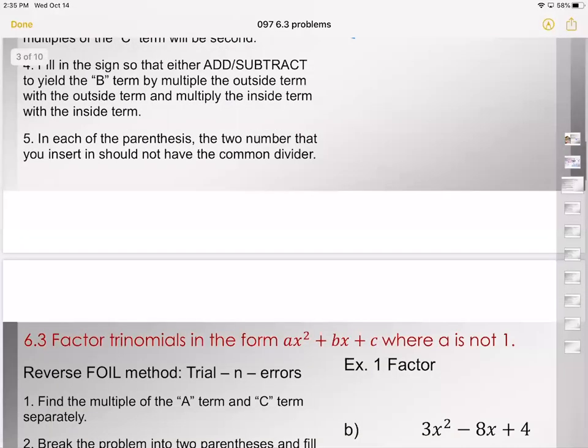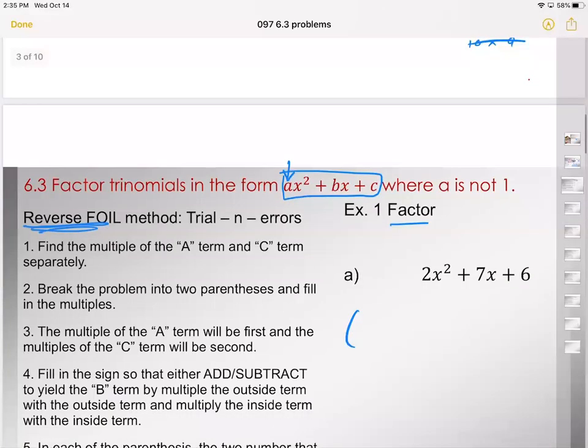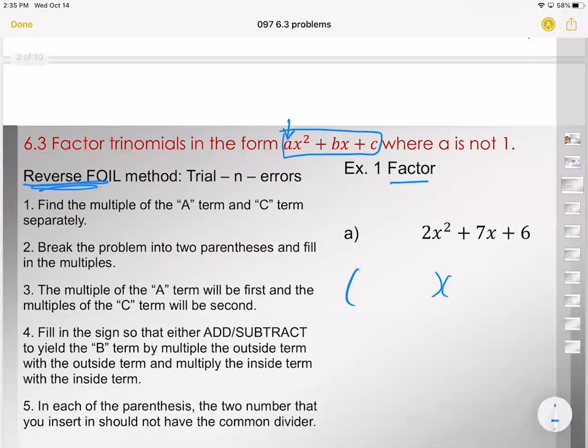For this trial and error, you want to ask yourself, what number can I put here and multiply to that number, and what number can I put here and multiply to this number, okay? So I wrote the steps on the right, and I asked you guys to do this.